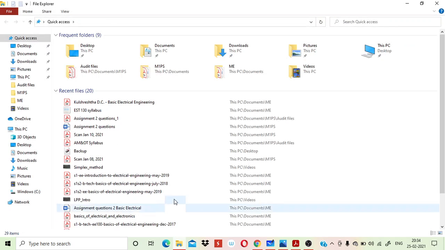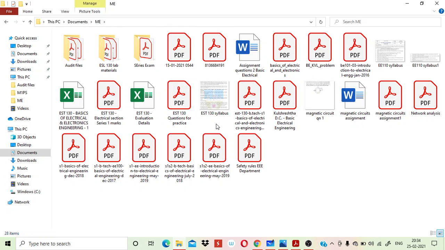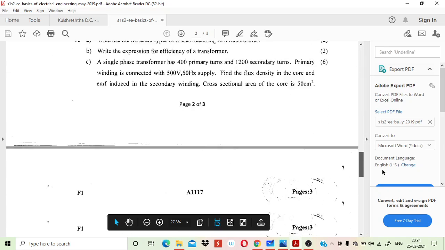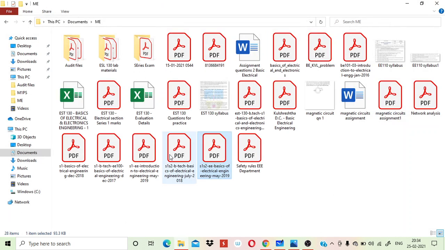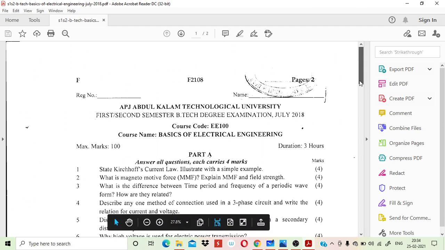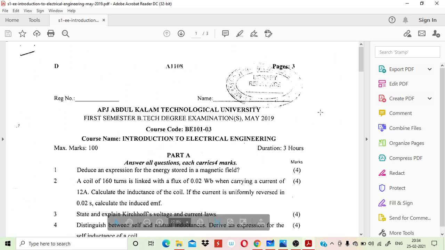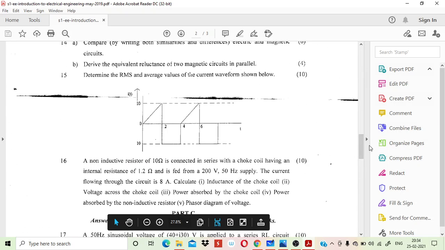For that, take your previous year question paper, this waveform.